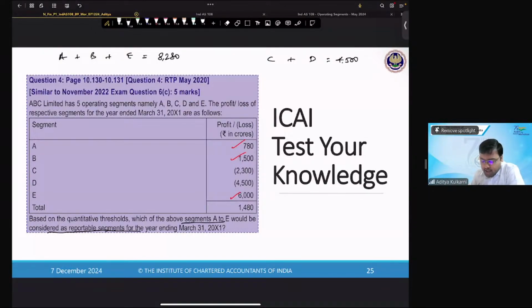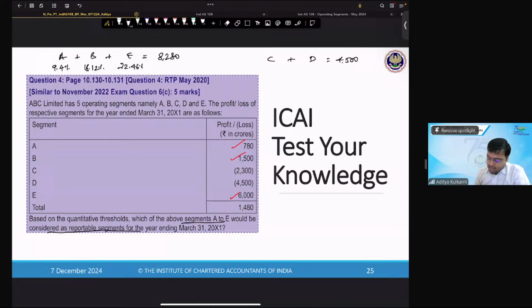So now A plus B plus E, 8280. So A is 780 by 8280, so this comes to 9.4%. B is 1500 by 8280, 18.12%. And E is 6000 by 8280, so that comes to 72.46%. Is it okay? Yes.